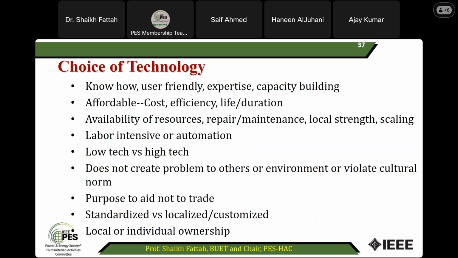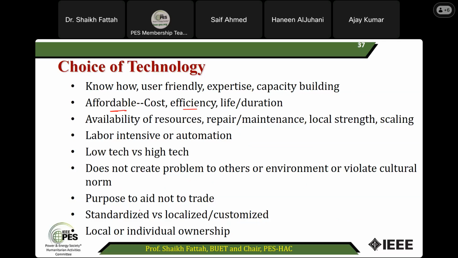Yes, technology, I told you, is not necessarily very fancy, modern, high technology. High tech is not necessarily important. Sometimes it has to be affordable, efficient, and the technology should not create problems for the environment or other culture.